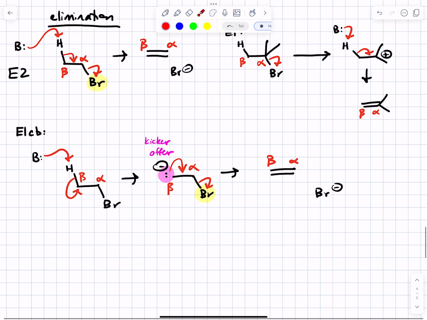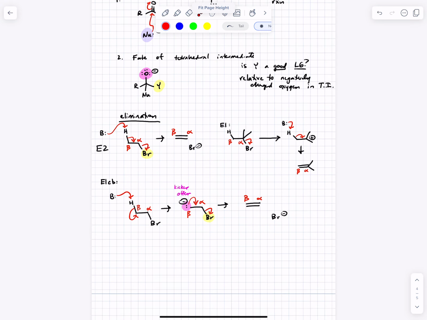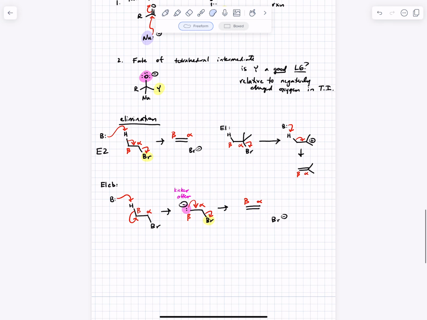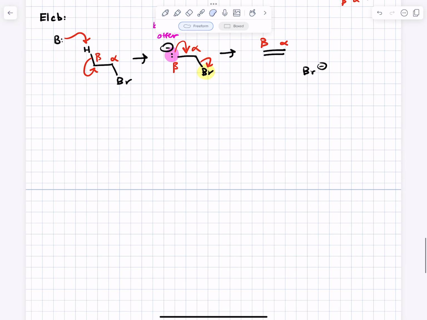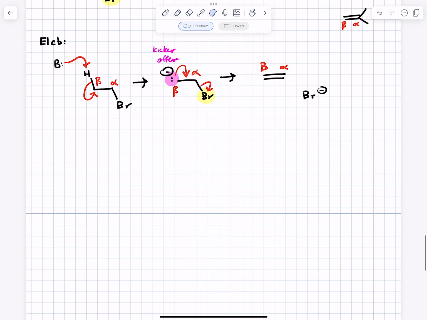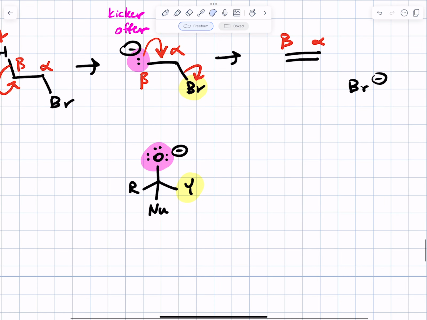Okay? So based on that, I want you to look at the similarity between that E1CB reaction mechanism, especially this intermediate with the kicker offer and the leaving group, and compare that to the tetrahedral intermediate. If for a moment we say the carbon that bears the leaving group is alpha and then the carbonyl oxygen is beta, do you see the analogy?